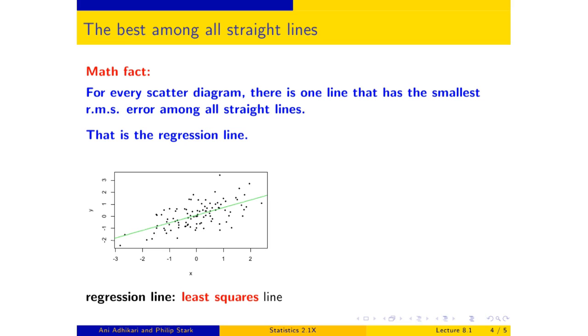This happens to be true regardless of the shape of the scatter diagram. Now, of course, for the football shaped scatter diagram, that's particularly useful because you can use your line for estimations throughout the range of X. So it's the best among all straight lines. That's the good news.